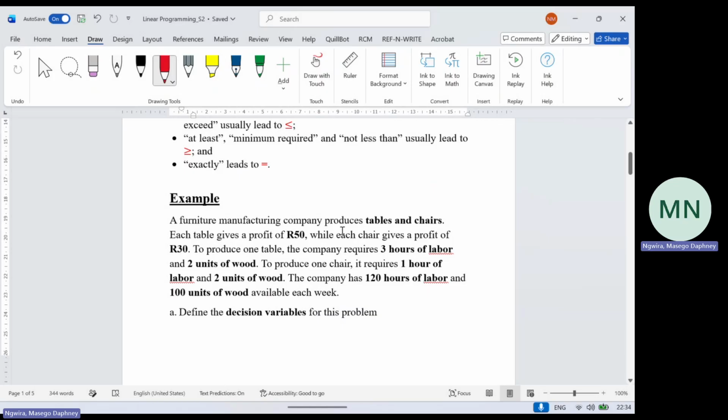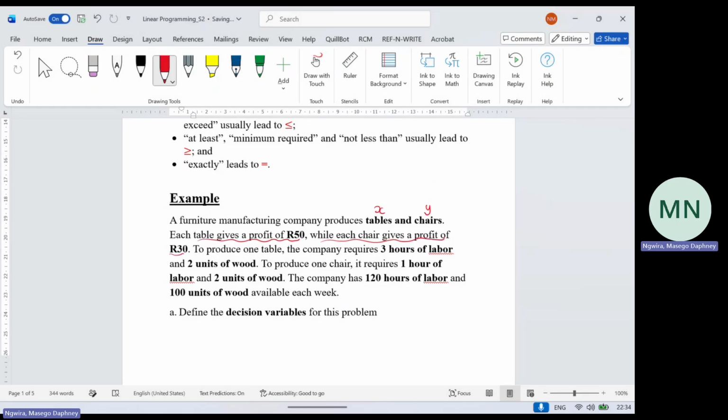I'm going to call tables my X, and chairs my Y. You cannot answer questions if you don't know how to analyze the statement. And then it says that each table gives a profit of 50 rand, while each chair gives a profit of 30 rand.